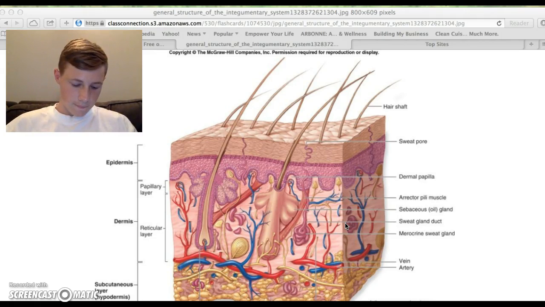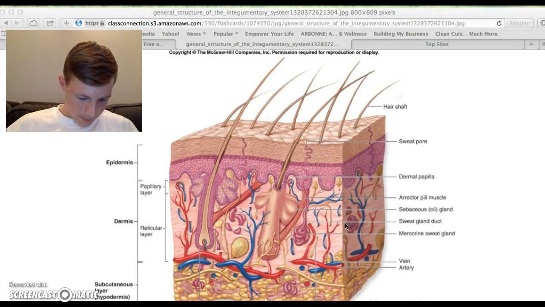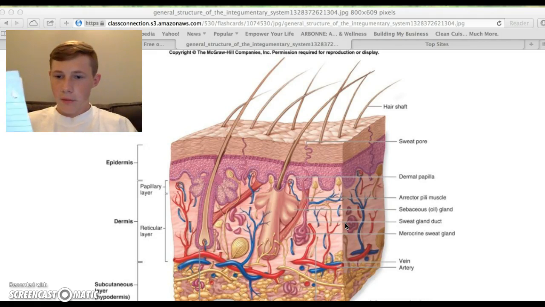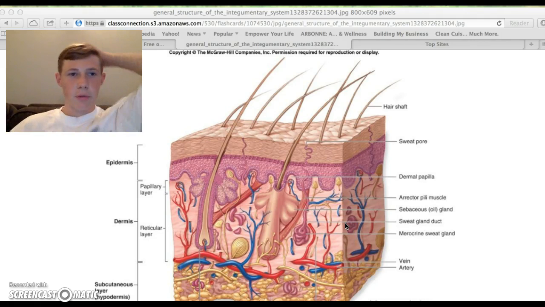All right. Next, we're going to go through all the phases of the hair, like the hair growth. The anagen phase is the growth phase, and it grows about a half an inch per month.